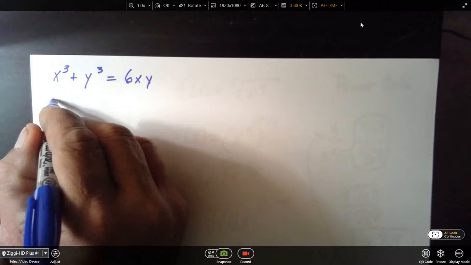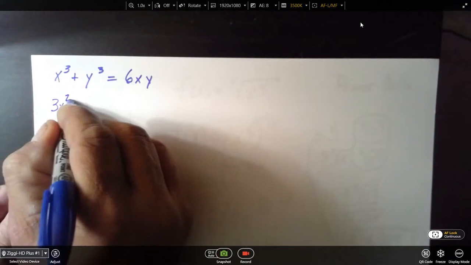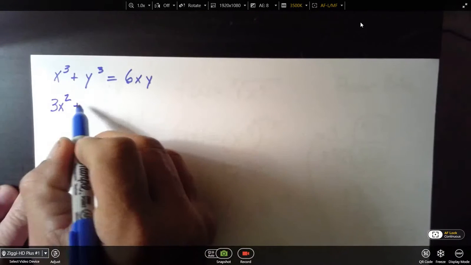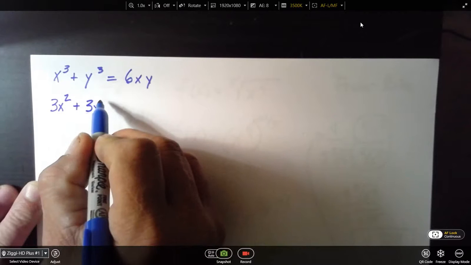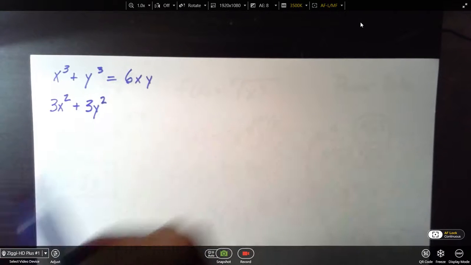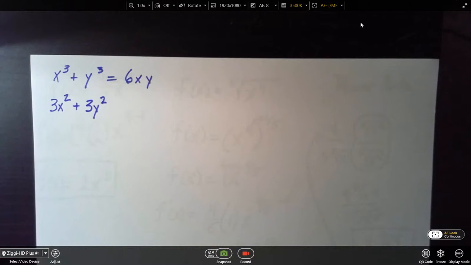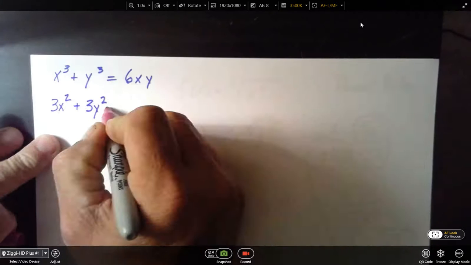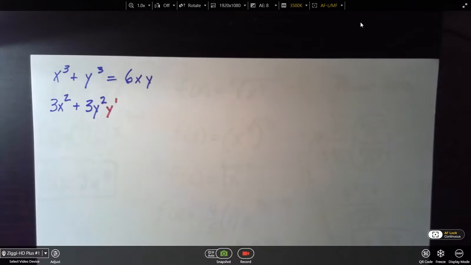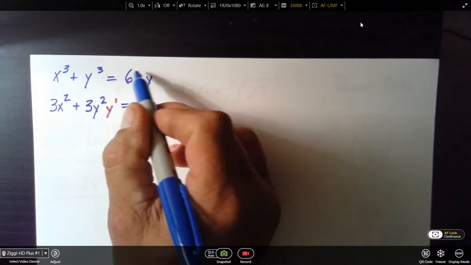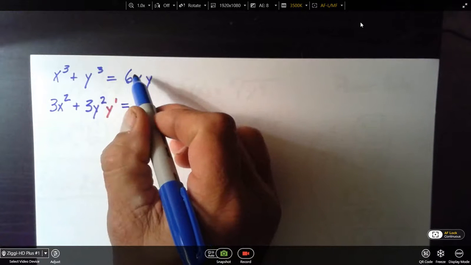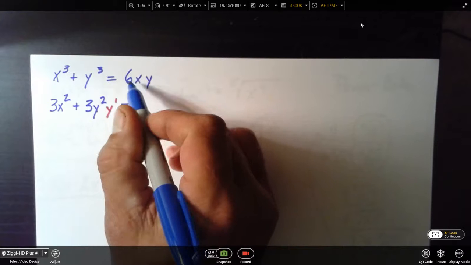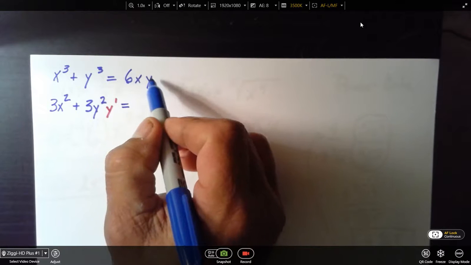That'll be 3x squared plus 3y squared, and I'm going to put in red, I'm going to put y prime, is equal to... Now the difference in this one and the other ones we went over in class is that this one has an xy with it.